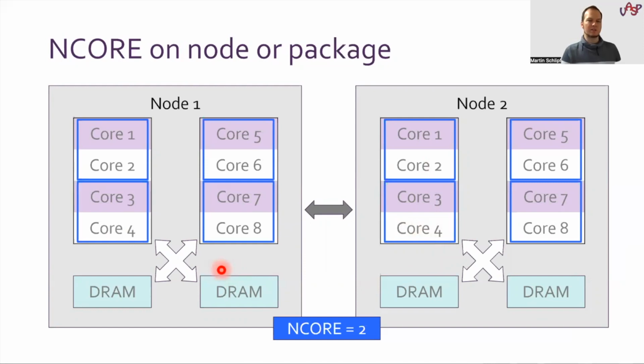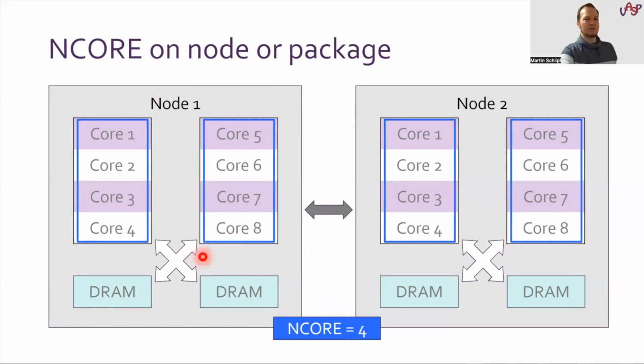This means that you want to set up your n-core such that it matches the hardware setup of your calculation. If you have a system like here where you have a package size of 4, you could, for example, use an n-core of 2. That would match up nicely, but you would not want to use something like 6, where you scatter one group over to the next node.